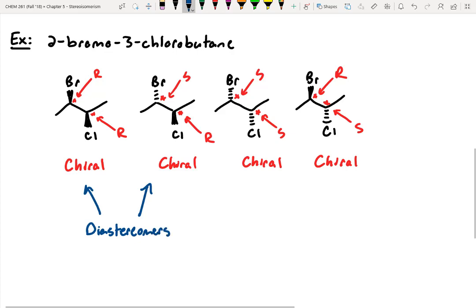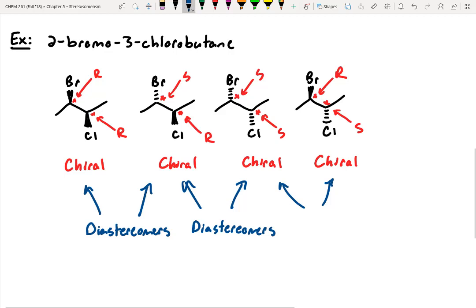All right, next two. Are they mirror images? I don't think they're mirror images, right? So these would also be diastereomers. And what about the last set?